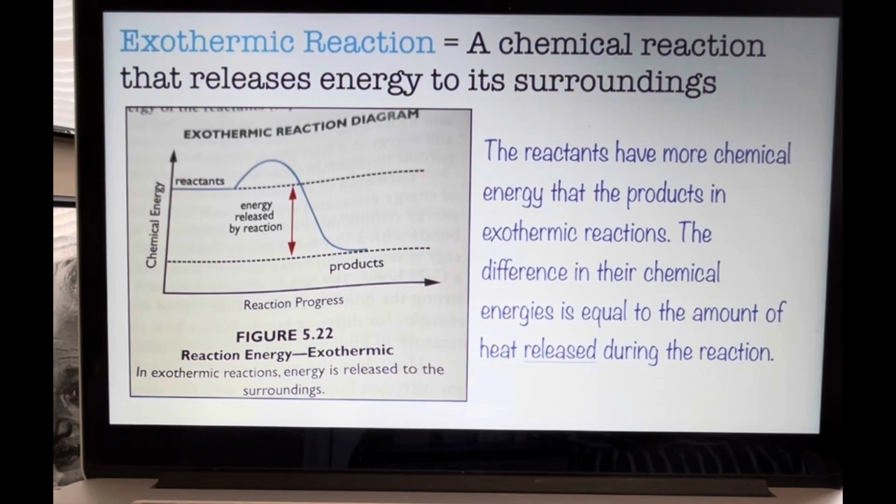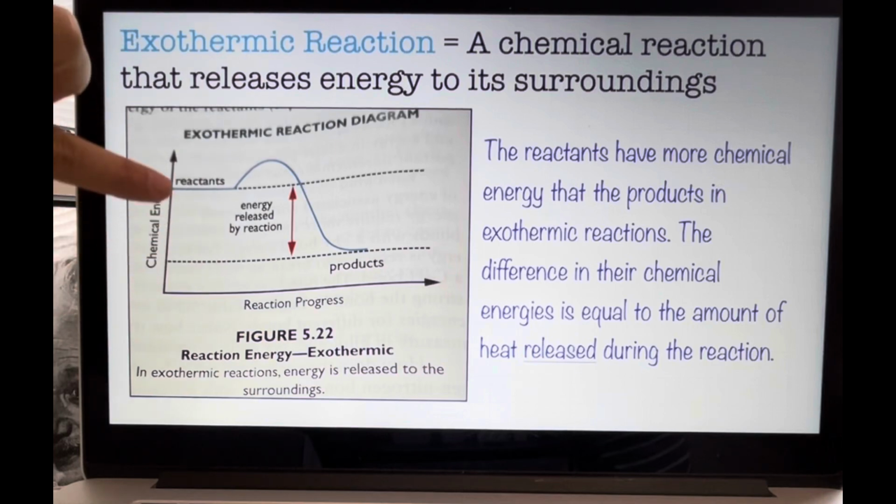So back to our notebook on page 135. Using the graph shown, explain which has more energy, reactants or products, and how you know. Again, for an exothermic reaction, the reactants have more chemical energy.